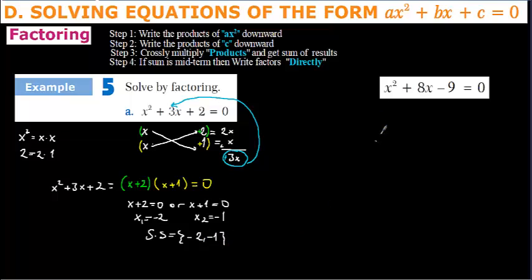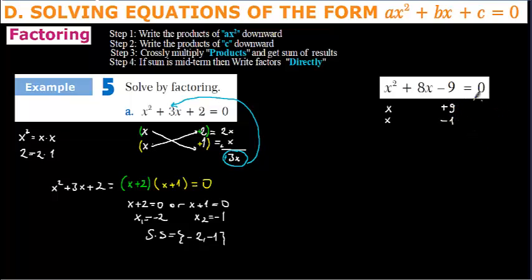Okay, if I apply the same thing here, x squared is equal to x times x, and for minus 9 the true form is plus 9 times minus 1.